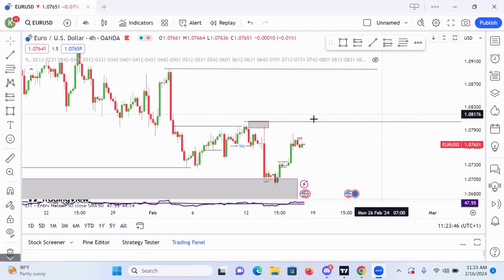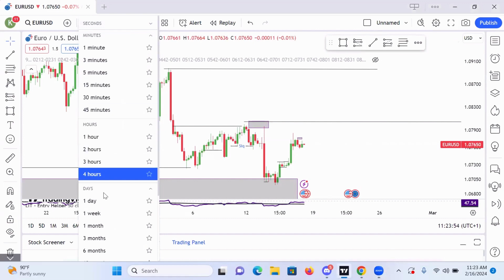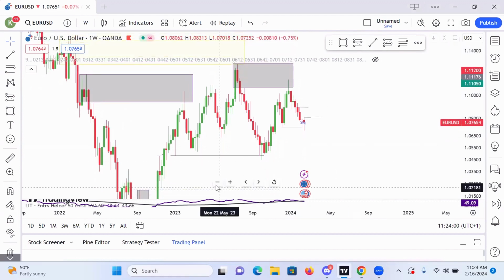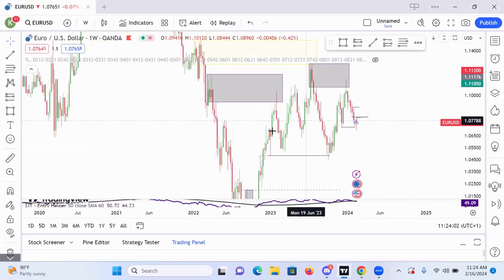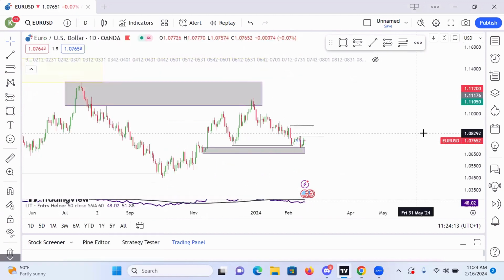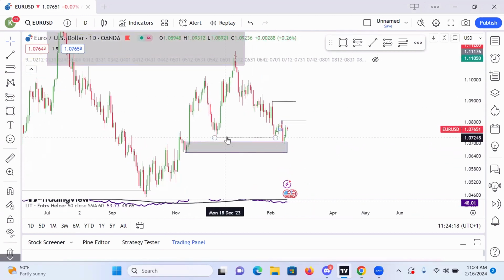Now my biggest problem is higher time frame buys. For example, Abdurrahman said something like that also. We are on weekly sales, right? So now we hit daily liquidity, right?